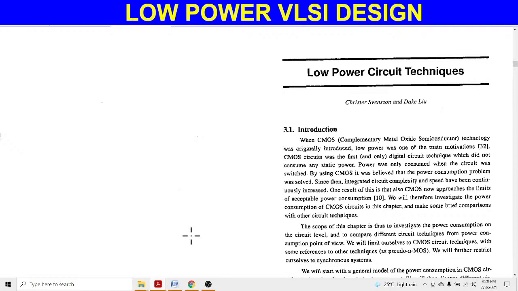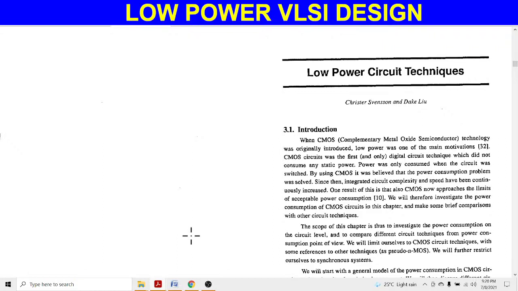When the number of components in an integrated circuit increases continuously, the power dissipated due to the generation of heat also increases.